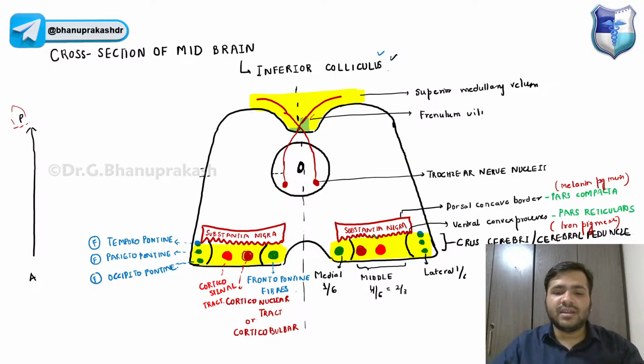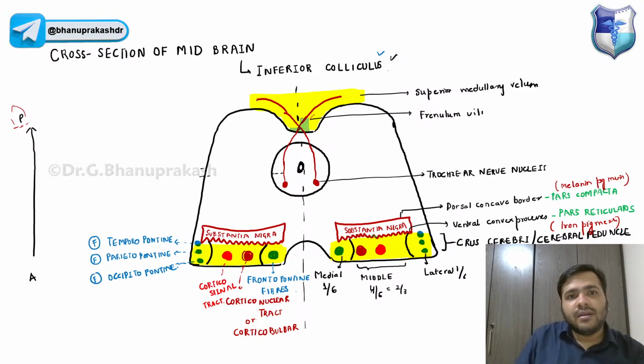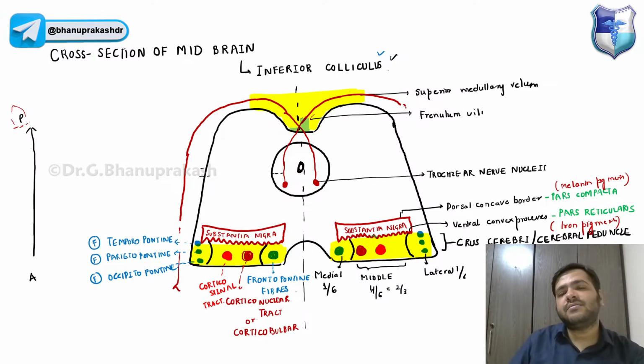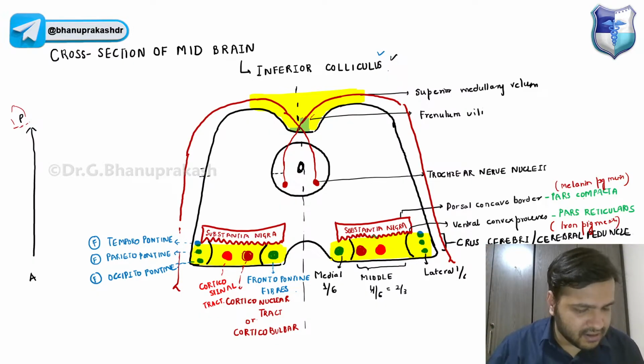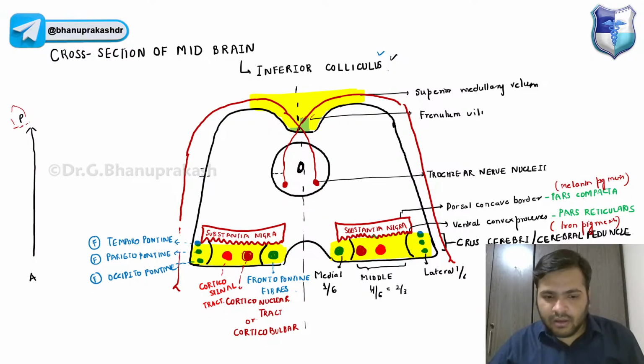It will run more posteriorly, and then it will come laterally, to the sides of the cerebral peduncles, and then it will come anteriorly. So this is how these fibers are running. It is going more posteriorly, then it is coming laterally and coming in front.